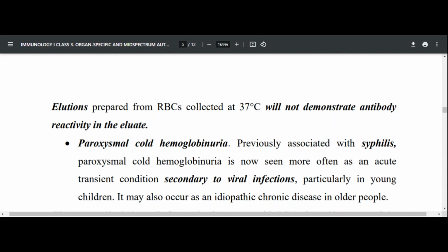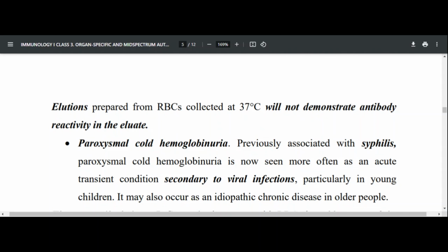It also occurs as idiopathic disease, which is a disease without a known cause. The autoantibody seen in paroxysmal cold hemoglobinuria is an IgG protein as well, which is able to react with RBC in the colder part of the body.